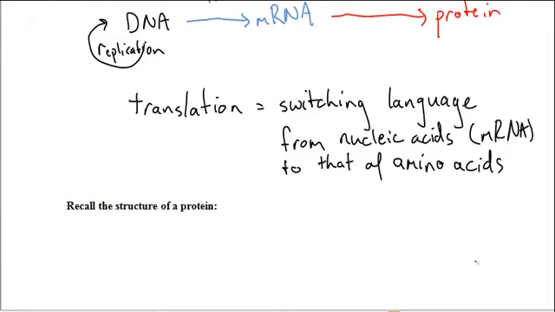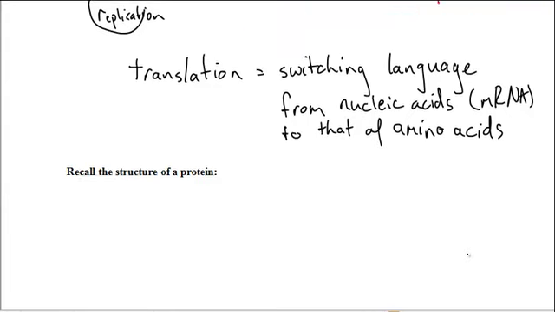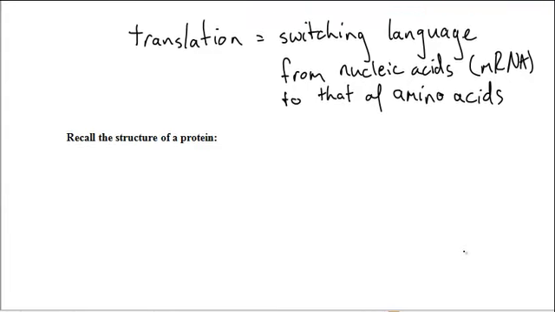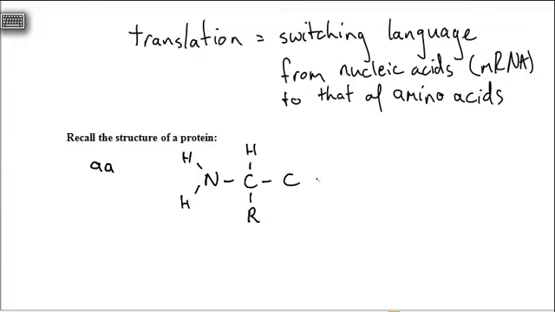So just to remind you, we're thinking back to Unit 2, the structure of a protein and of an amino acid. First we had amino acids, abbreviated little a, which has that key structure of a nitrogen attached to a carbon, with your H and your H, your central carbon with an H and some sort of R group, and then your carboxyl end with a double bonded O and an OH.